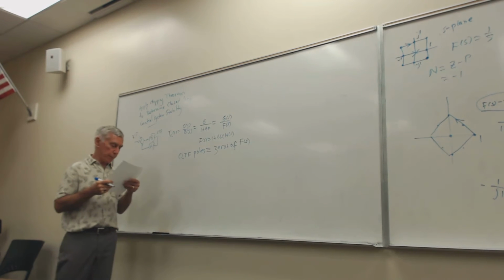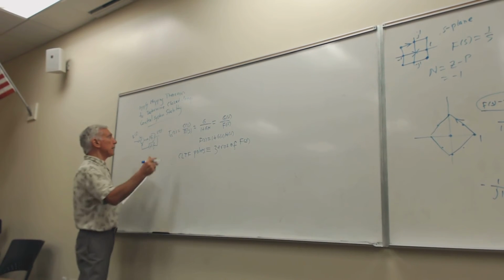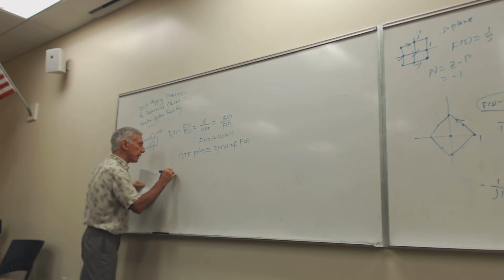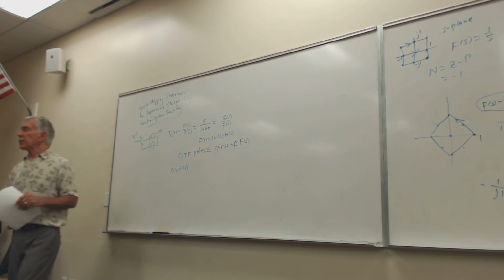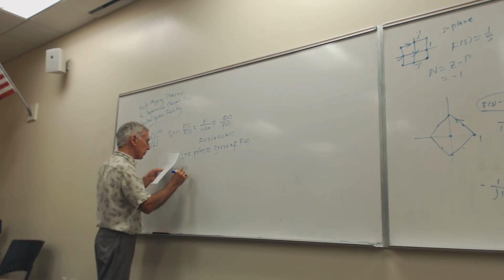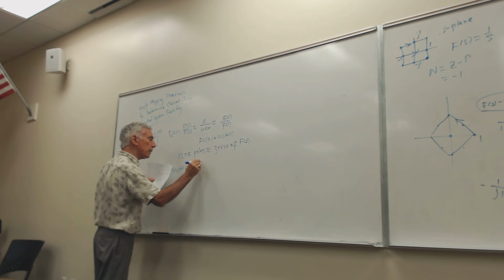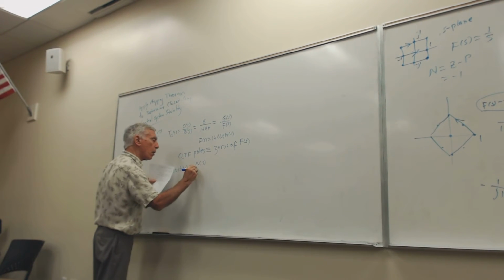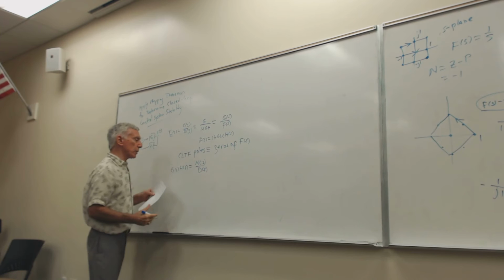Okay, and so now G of S, H of S is a rational function. What that means is the ratio of polynomials. So let's say that is equal to numerator over denominator polynomial.